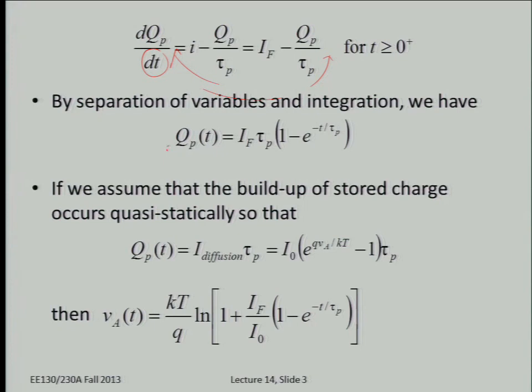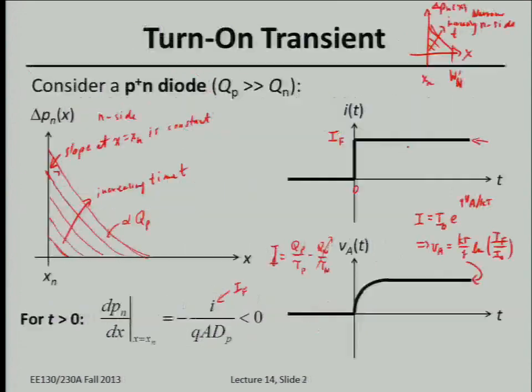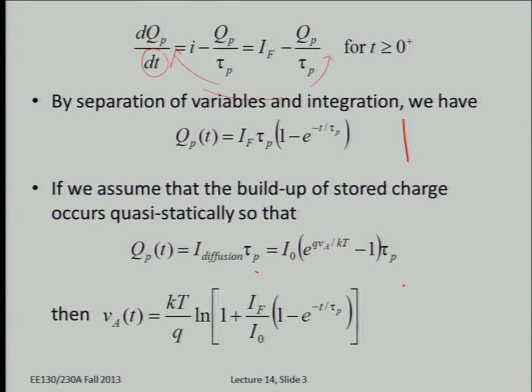We can actually get this equation here, that the charge as a function of time is just going to build up exponentially in the diode. At time t equals 0, the charge is 0, because this term is 0 and this whole quantity in the parentheses is 0. So it goes from 0 to IF tau p sort of exponentially.